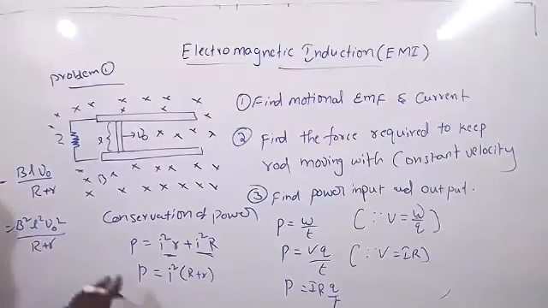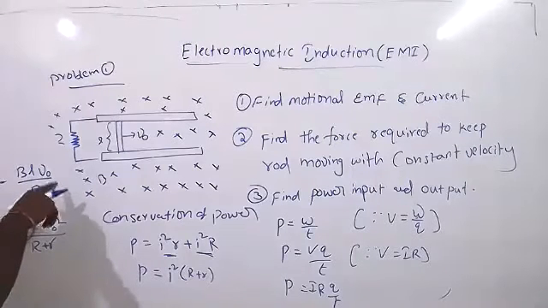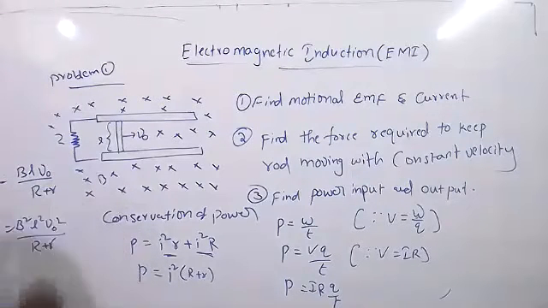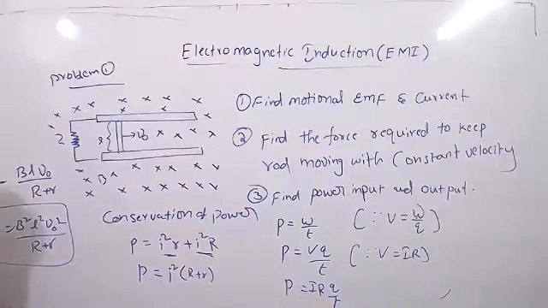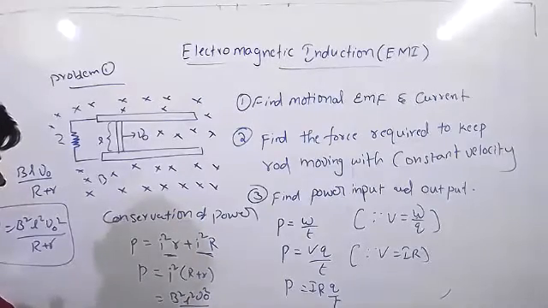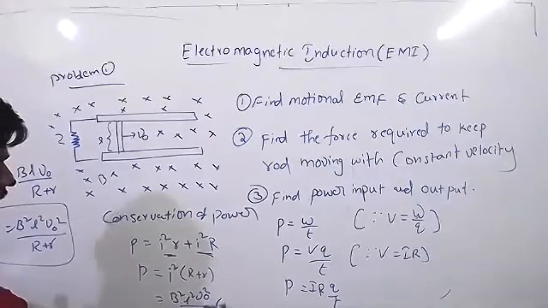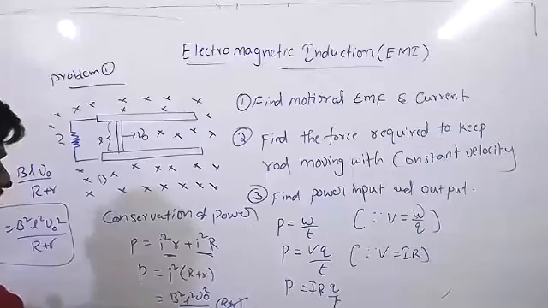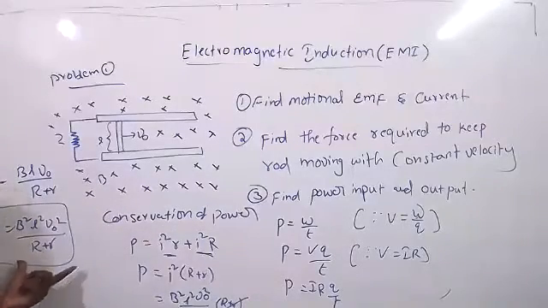Because R plus R whole square, times R plus R. So you will get finally this one. If you substitute B square L square V naught square by R plus R whole square, R plus R cancel. So you will remain with this.